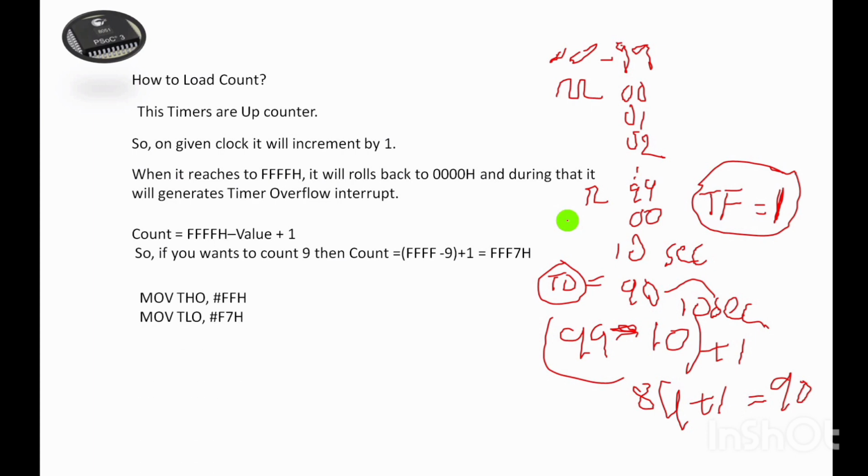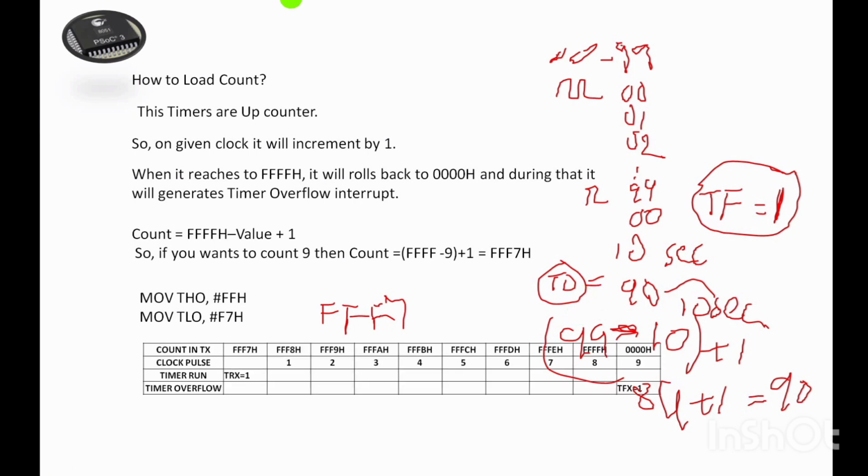So to load the count, the instruction is, already we know T0 is divided into two 8-bit registers, TH0, TL0. So MOV TH0, #FF and MOV TL0, #F7. So the initial count in T0 register is FFF7.